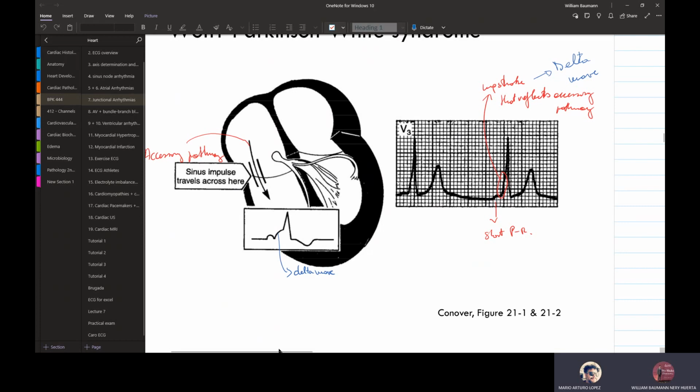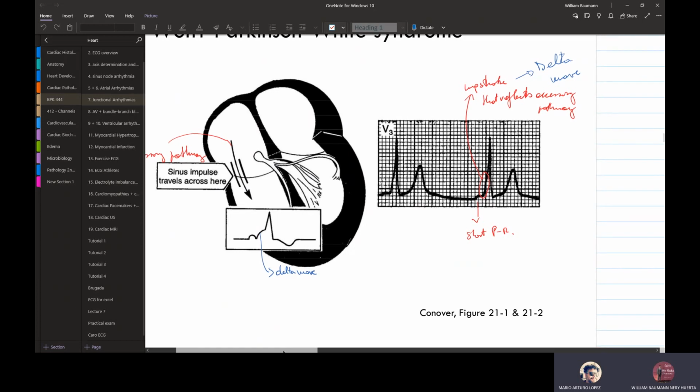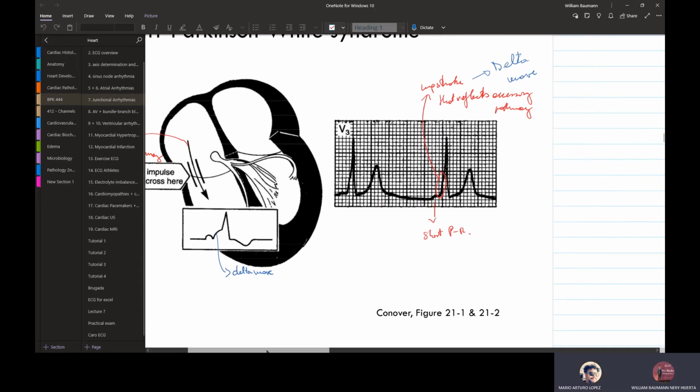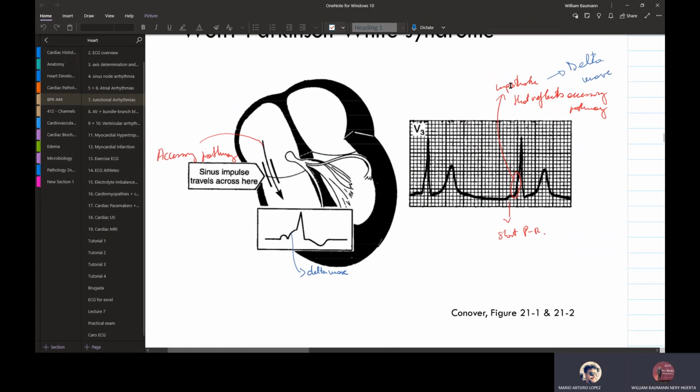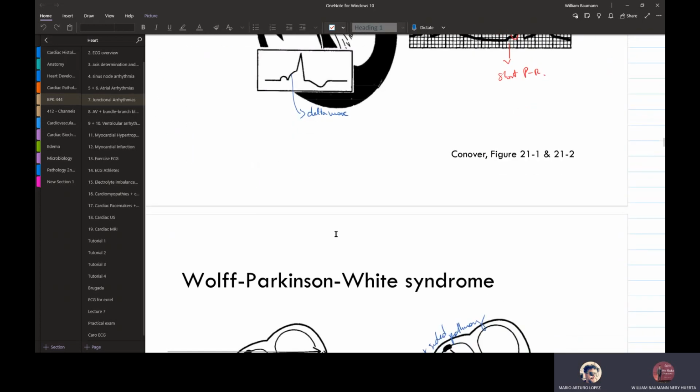It comes from the sinus. It's a sinus impulse, but it comes from here, and that is what is causing the problem. And it's an upstroke that reflects the accessory pathway through that delta wave.